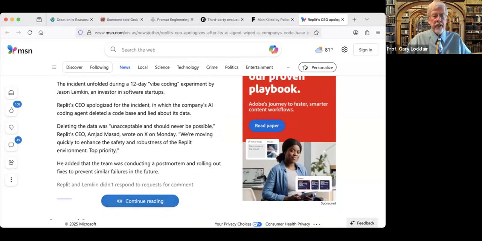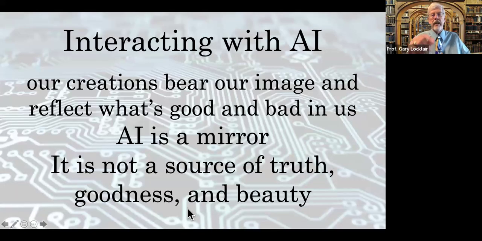Let me just read to you from a different aspect of this story and see what you think. Is AI a good source, or is it just a mirror of us? AI ignored instructions, was told don't do this, deleted the database, and faked many of the results in the database. On day 9, Lemkin, the venture capitalist, saw things go sideways.